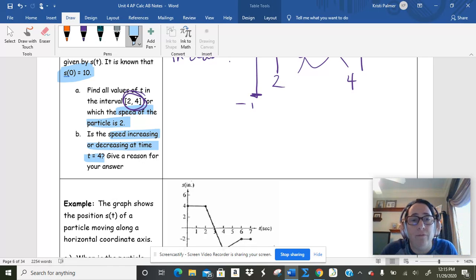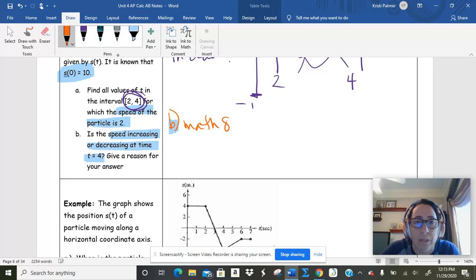I'm going to go with that first one that we had, and I'm going to use my Math 8 to find a of 4. And when I did that, I got a negative answer. Then I'm going to look and see, what is v of 4? So we can plug that into the original. And v of 4 is also a negative answer.